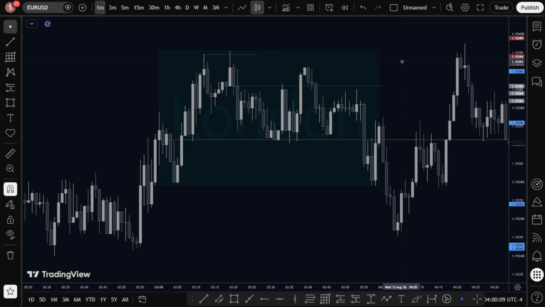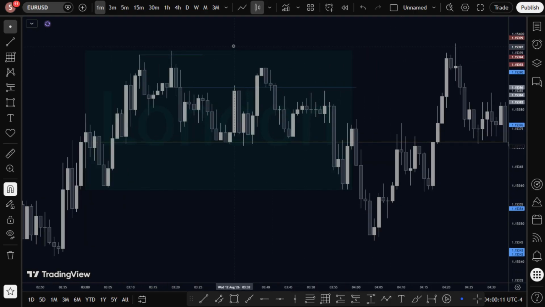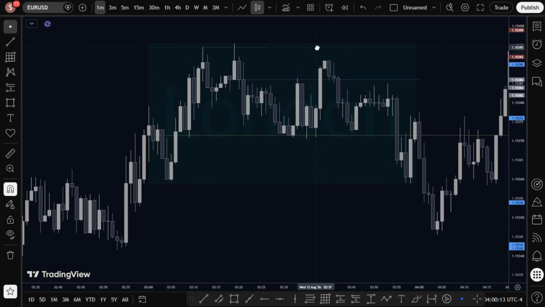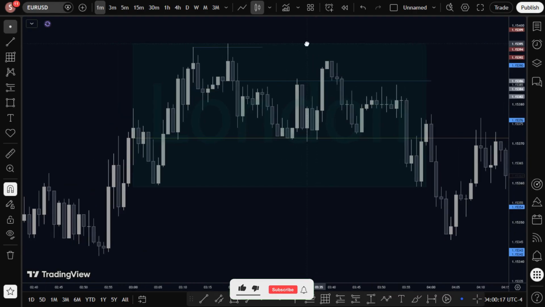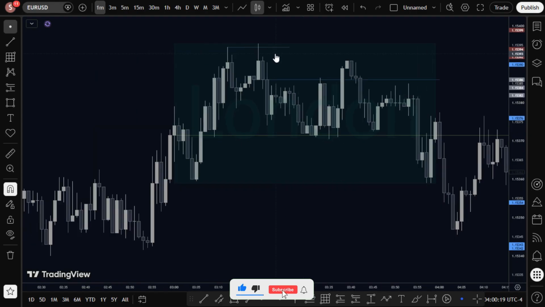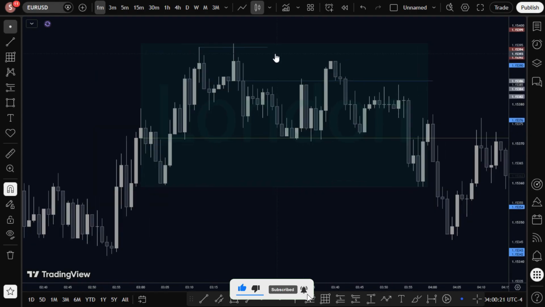Change in state of delivery, fair value gap, they are all his own concepts. He was the one that gave us all of those concepts that we are using. So credit to him. All right, so now we have a sweep and a change in state. So that's the reason why I will take this trade.